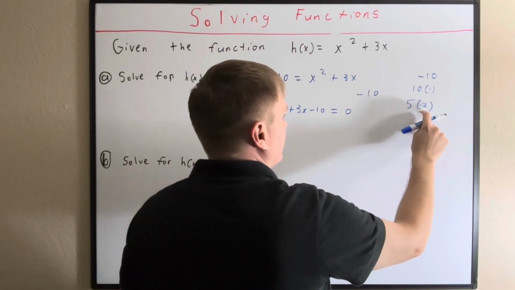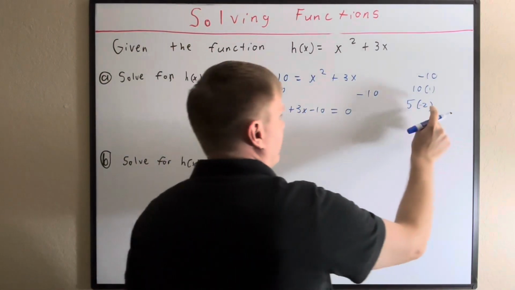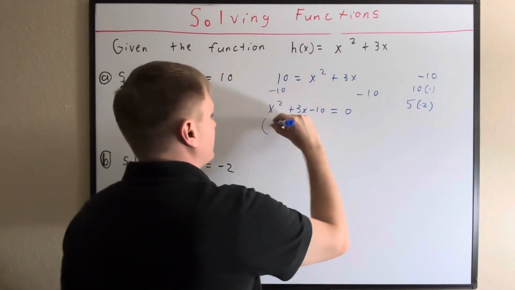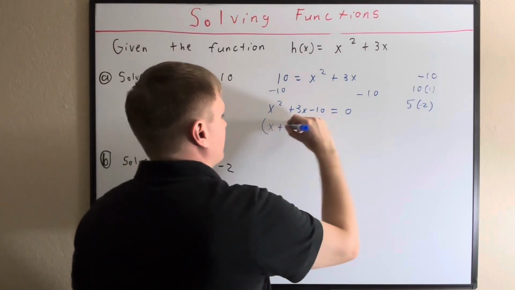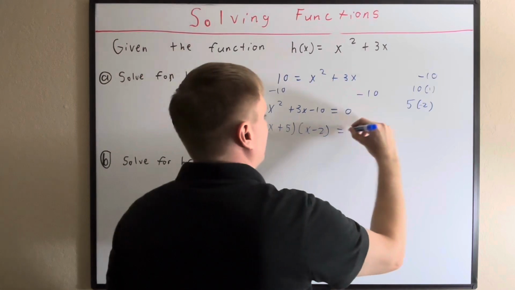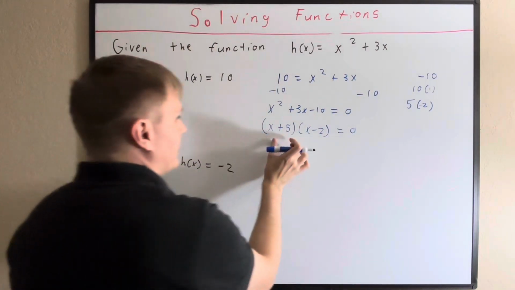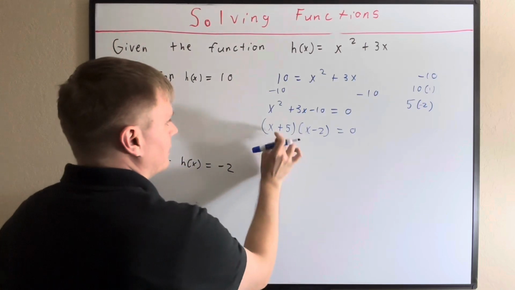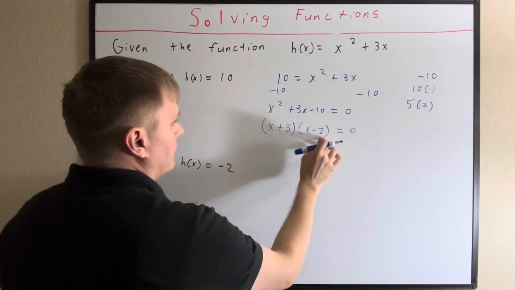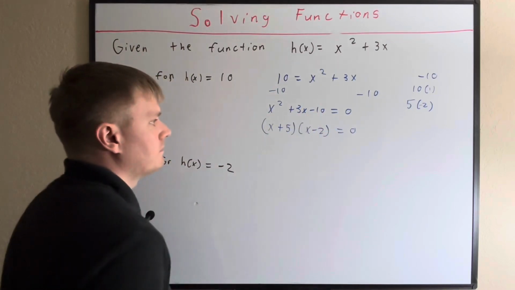And the negative should be 2. So 5 minus 2 is 3, and 5 times negative 2 is negative 10. So let's use x plus 5, x minus 2 as our factors. And you can always check my factoring math here. x times x, x squared, minus 2x plus 5x minus 10. Yep, we're good.